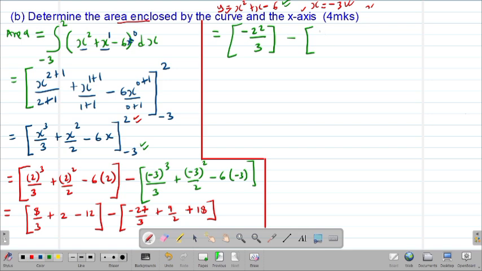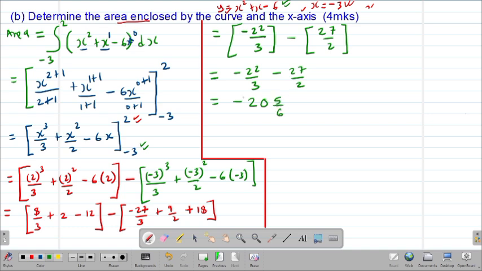Your calculator is going to give you 27 over 2. So this means we have negative 22 over 3 minus 27 over 2. You feed this on the calculator, and it will give you negative 20 whole number, 5 over 6.